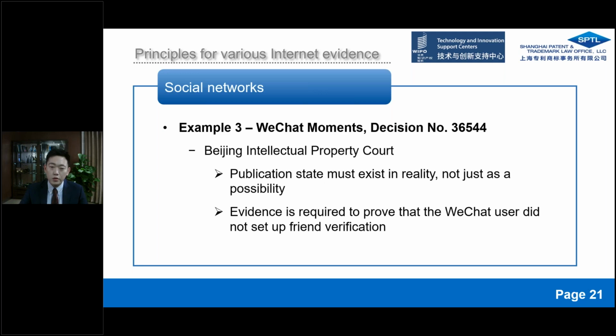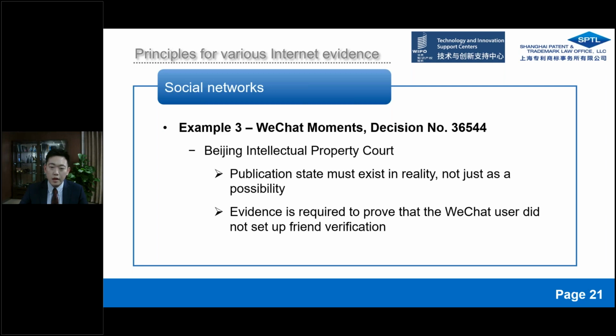However, contrary to Zhejiang Higher People's Court, Beijing Intellectual Property Court took the position that the existing design should be in a state where the relevant design is available to the public. Such state must exist in reality, not just as a possibility.